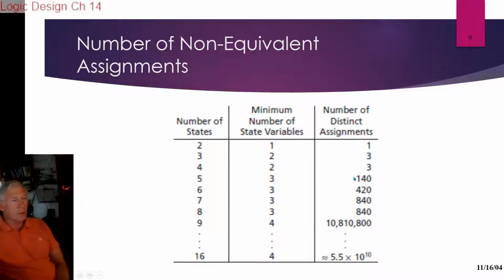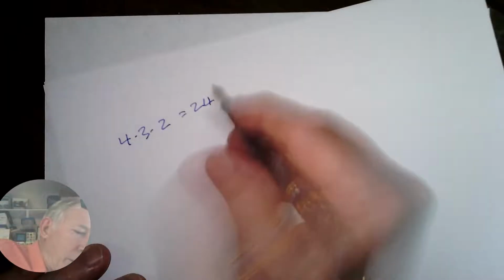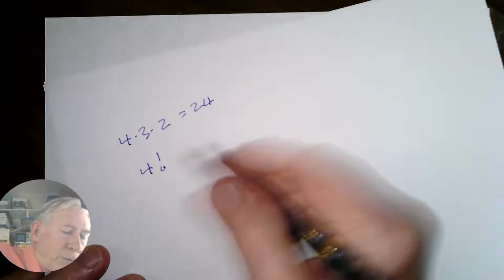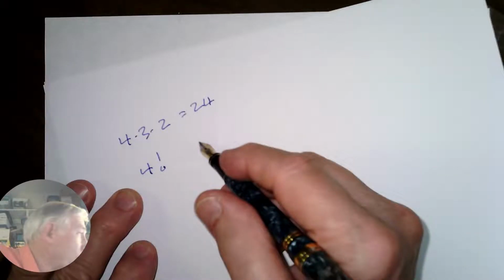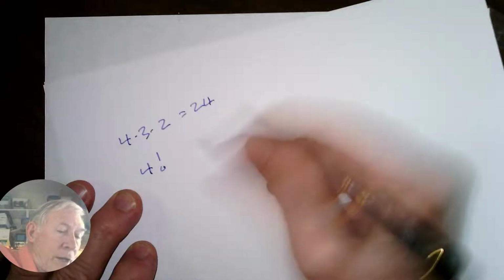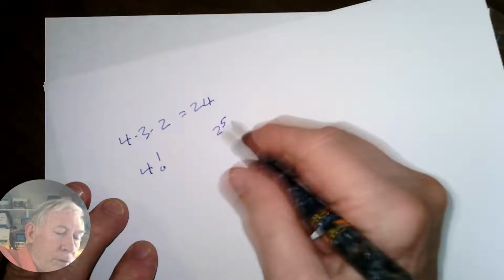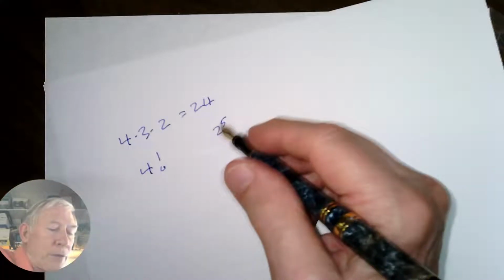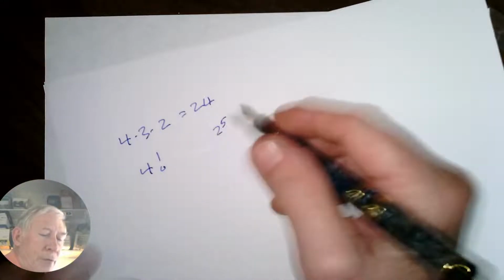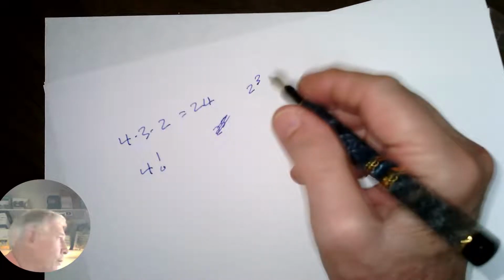But let's see. It's basically just 4 factorial for 4 states. But for 5 states, we can get by with 2 flip-flops for 4 states, but with 5 states we have to have 3 flip-flops. So that's basically 2 to the third, and then we have to do that factorial.